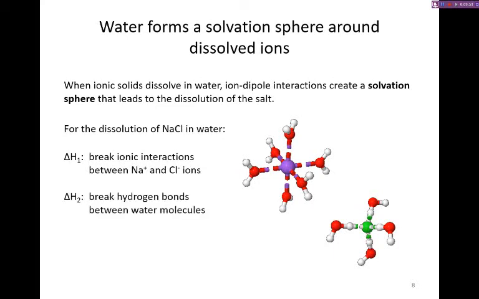We also break the hydrogen bonds and the dipole-dipole interactions and the London dispersion forces within water. And then we form the sodium-water and the chloride-water ion-dipole interactions. And these are the steps that occur in the solution process for salt in water.